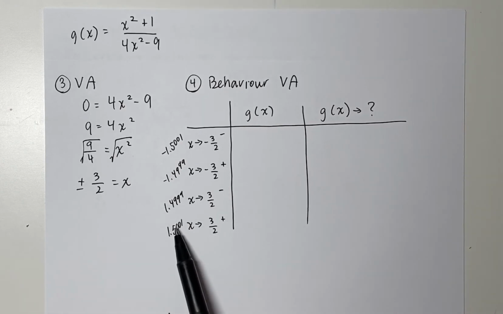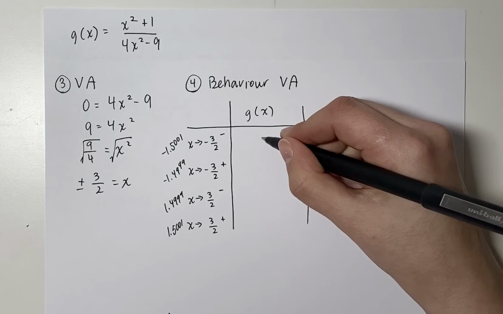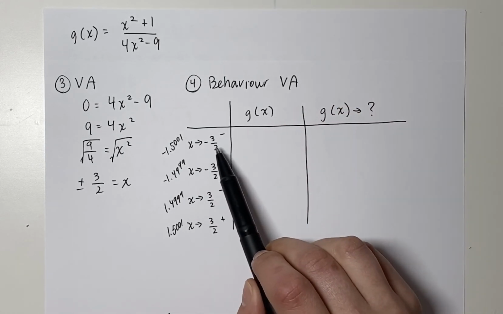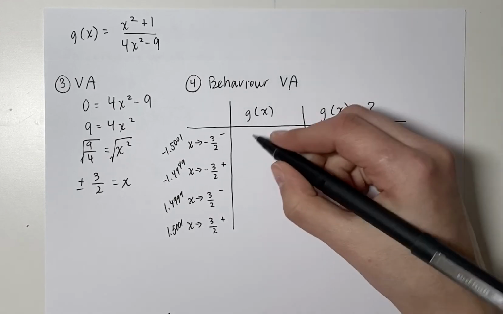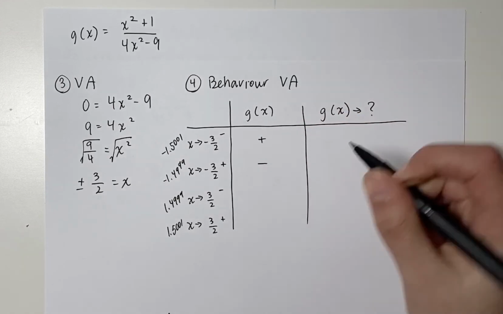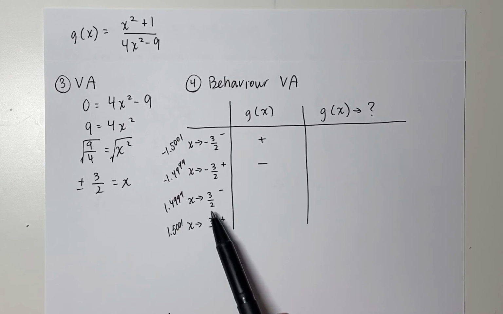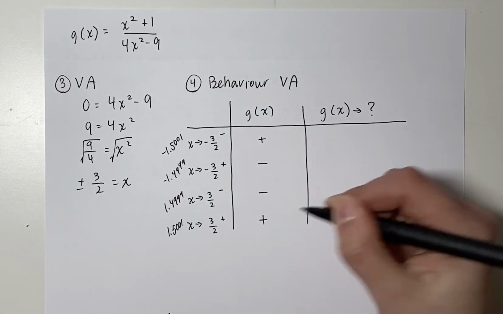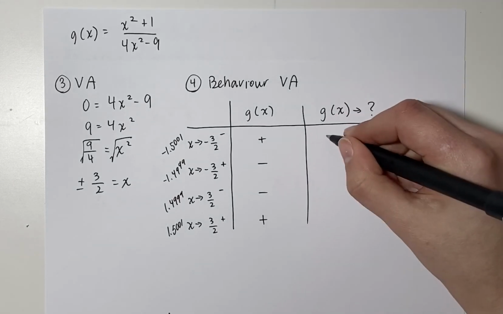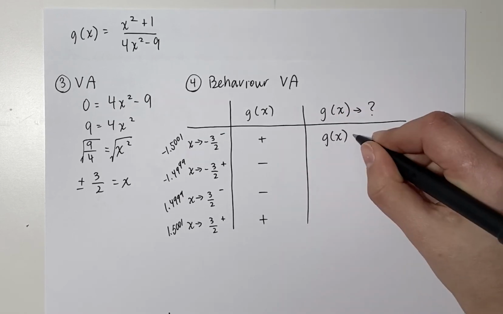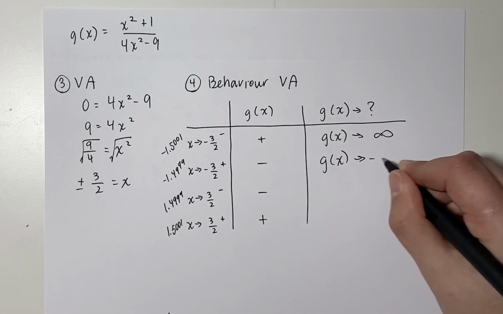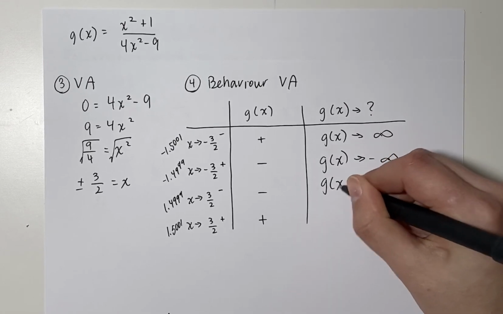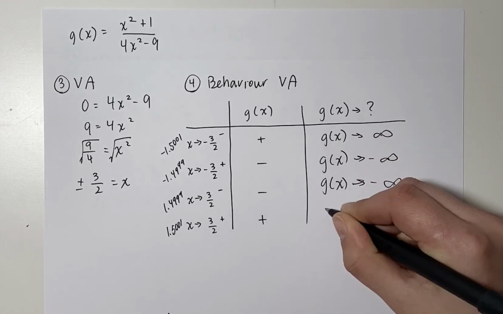If you take these numbers and plug them back into our function, you will find that as x approaches negative 3 over 2 from the negative side, the function's positive. As it approaches from the positive side, the function's negative. And then same thing for these ones, it's negative and positive. So for here, since it's positive, it approaches positive infinity. Since it's negative, it approaches negative infinity. And then same thing for the other two.